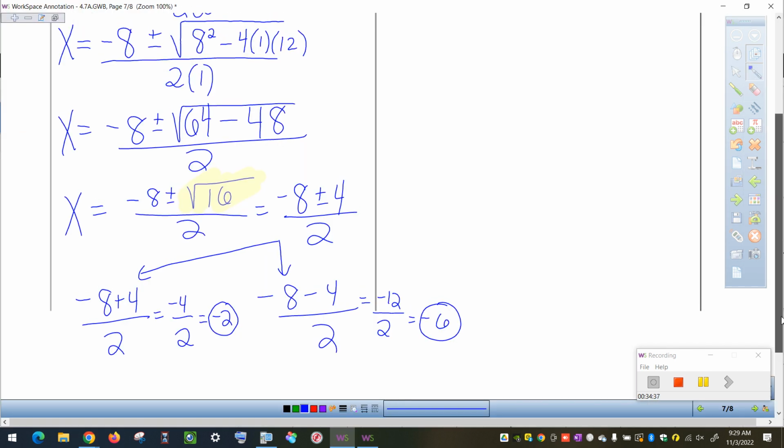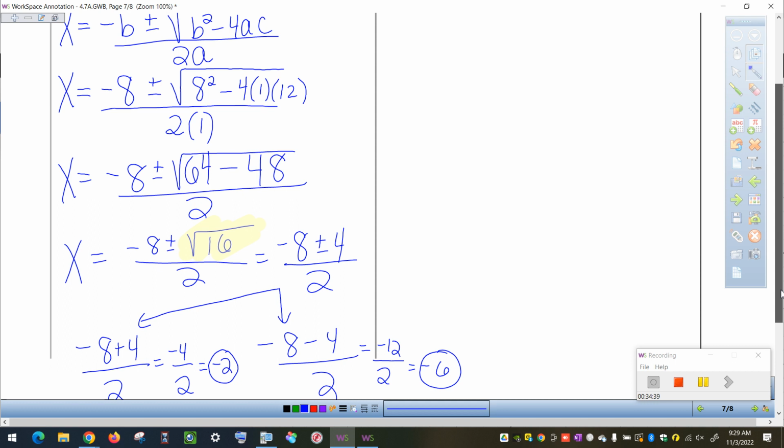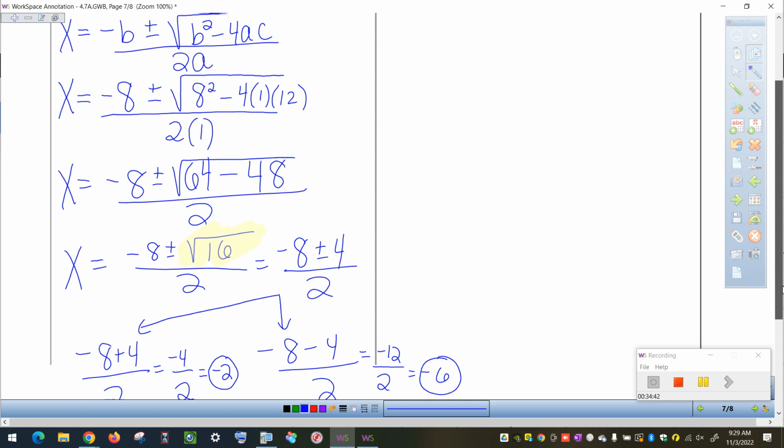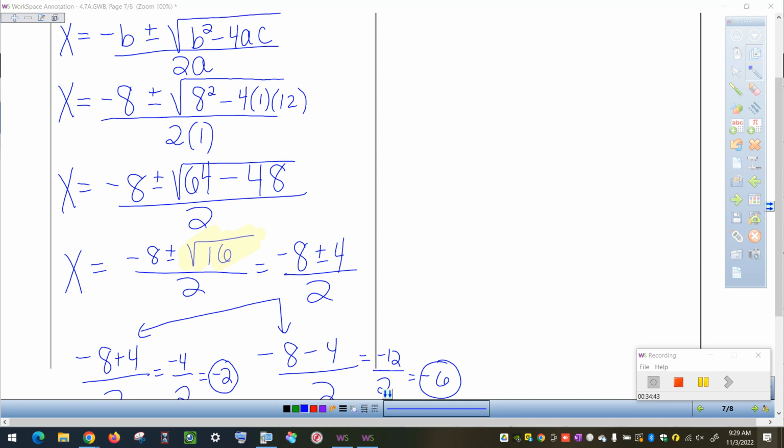So I'm just going to make a little note here wherever I can squeeze it in. It might be up here near the top. I'm going to draw a little x and y axis. Both of the x-intercepts here are negative, so I might put the y-axis a little further to the right. And I'm just going to draw a little parabola sketch.